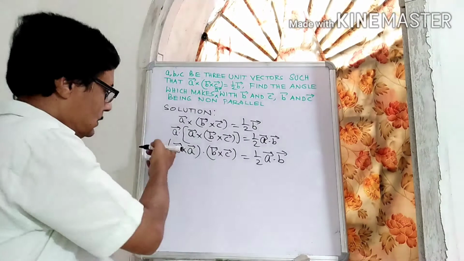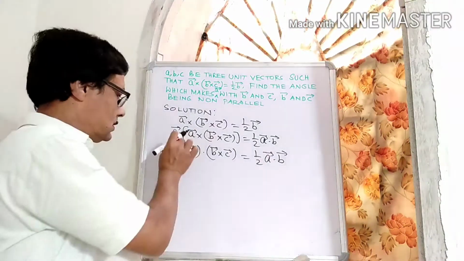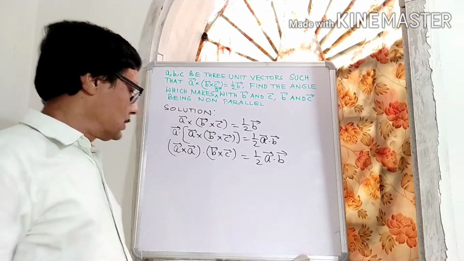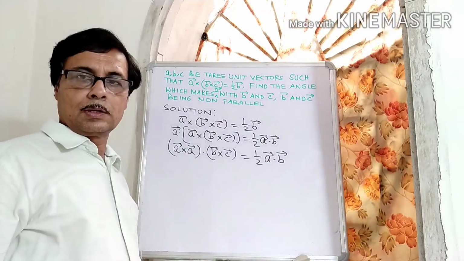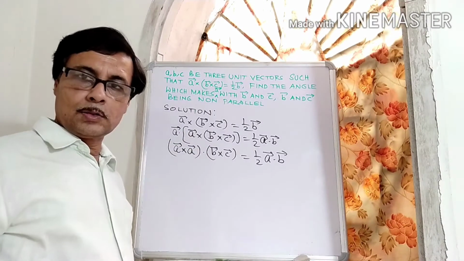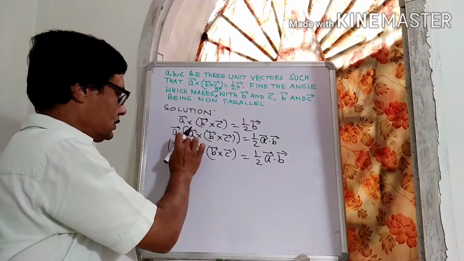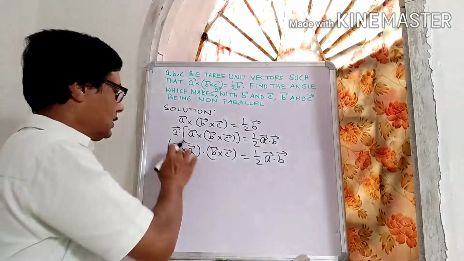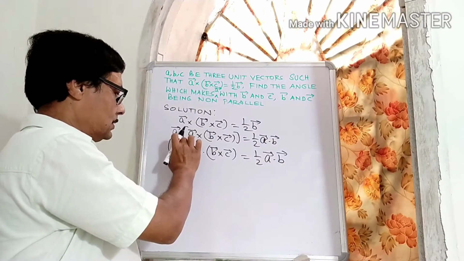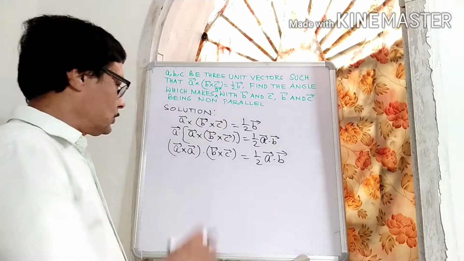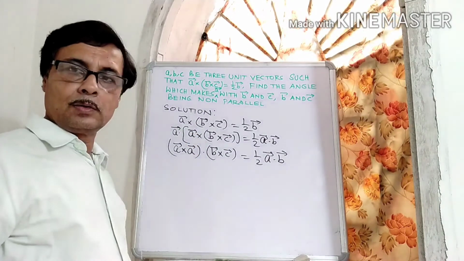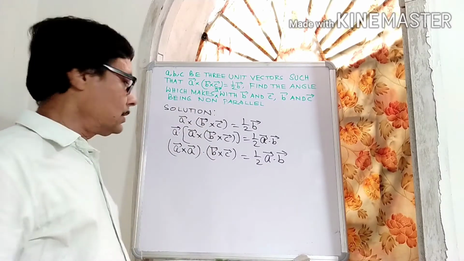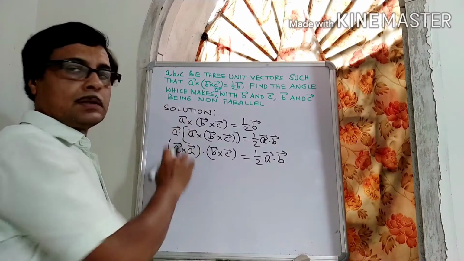Now this A cross A is 0 because A and A are the same vectors. The angle between the same vectors is either 0 or 180 degrees, and in both cases the cross product is 0.